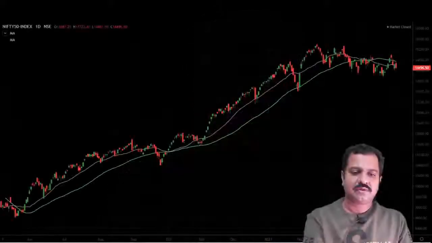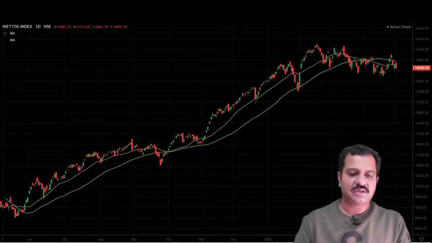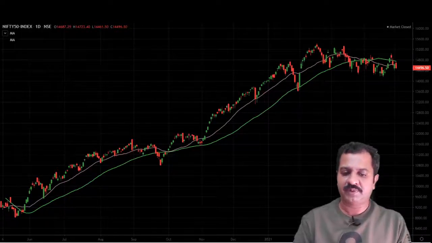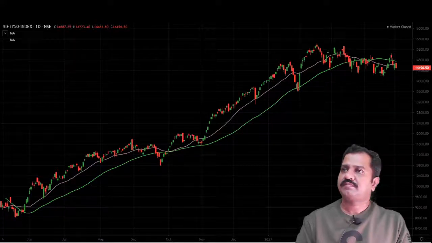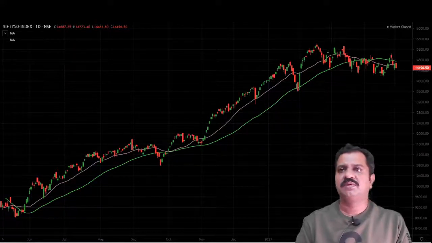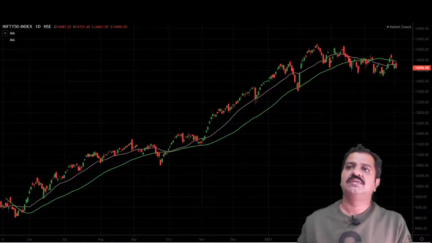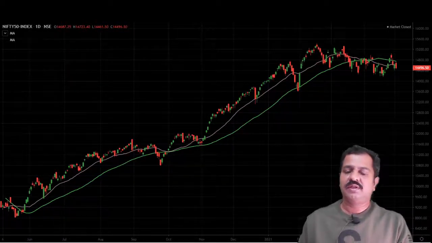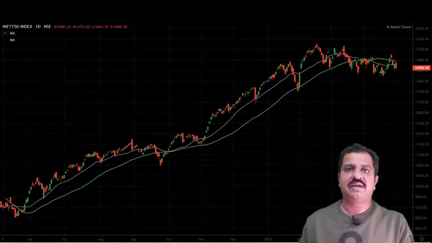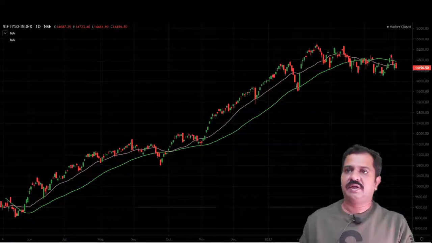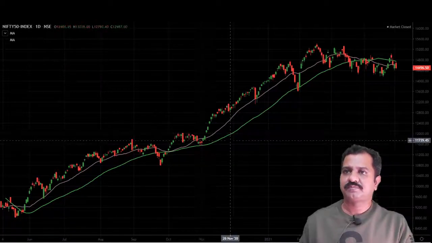Well, let me take you directly to the charts. So this is the chart of Nifty of daily time frame, and in the last video I observed that the 20 moving average was not quite visible because we made it red, and on the black background it was not clearly visible.